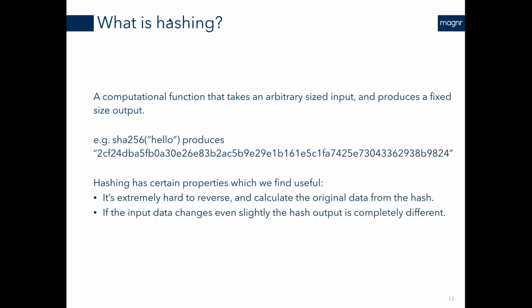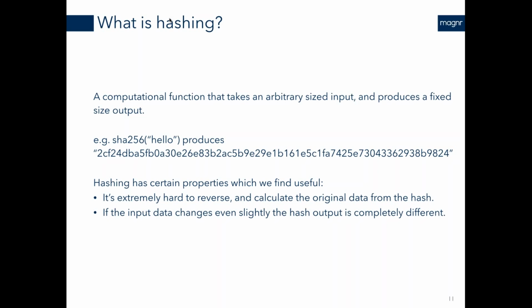Now, typically the properties of hashing functions, I mean there are hashing functions which have different kind of properties, are that they are extremely hard to reverse, i.e. I cannot take the hashed output and reverse it back to its original input data easily.